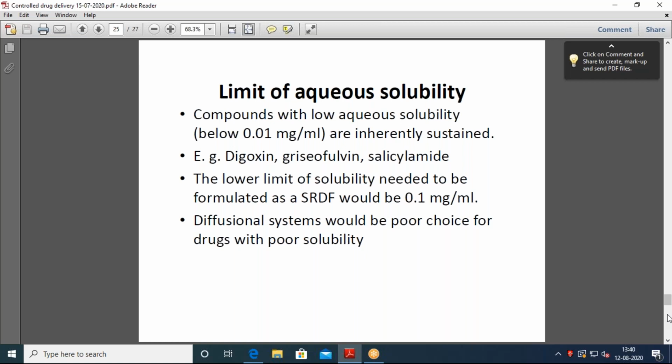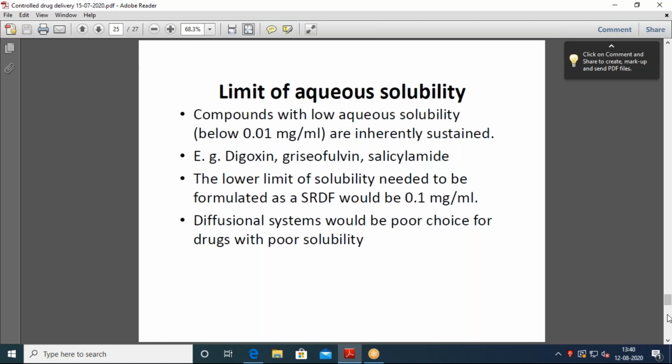In the beginning, I told you which kind of drugs are suitable for developing a sustained release dosage form: drugs which are uniformly absorbed through the whole gastrointestinal tract are well suited to be candidates for sustained release dosage form. One more factor which determines absorption is aqueous solubility.